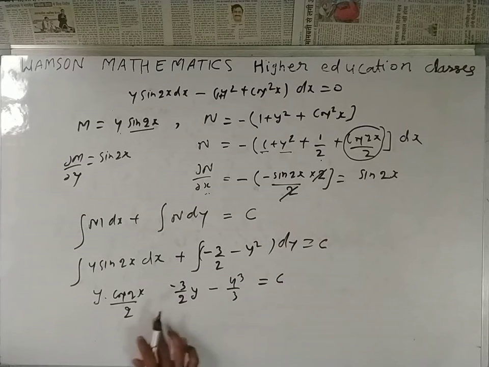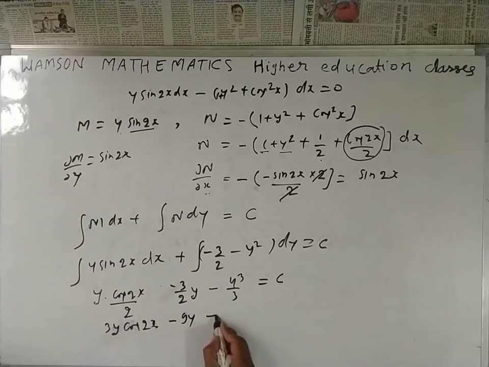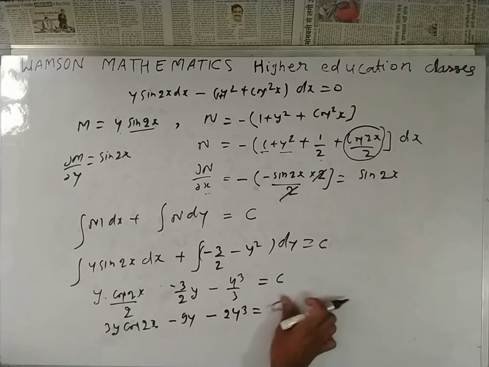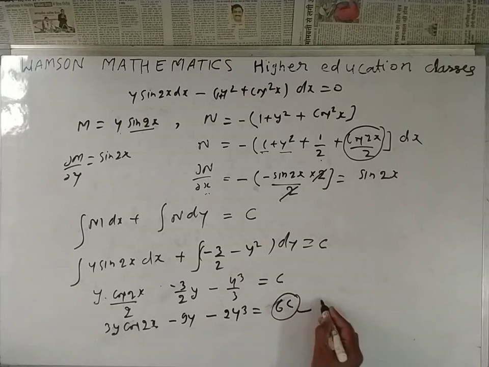Here the LCM of 2 and 3 is 6, so I multiply by 6: 6y multiplied by 6 and divided by 2 gives 3 times 3y cos 2x, minus 9y, and minus 2y cubed is equal to 6c, and we choose 6c equal to c1.